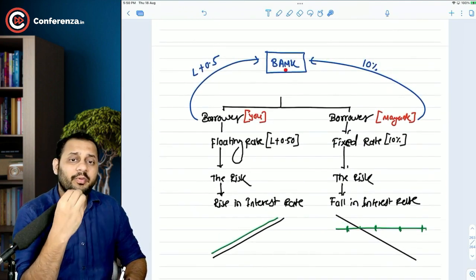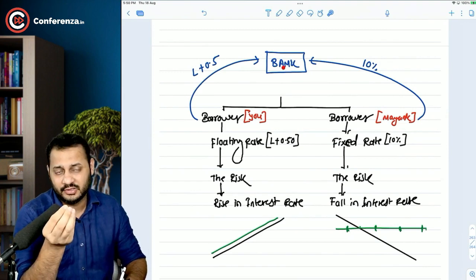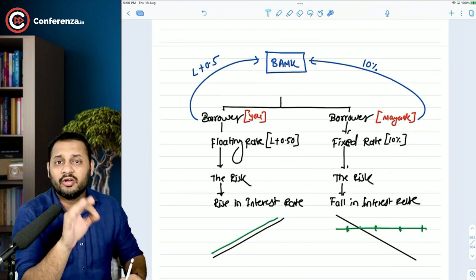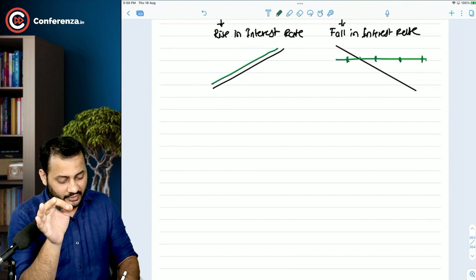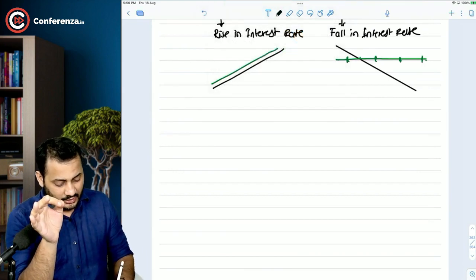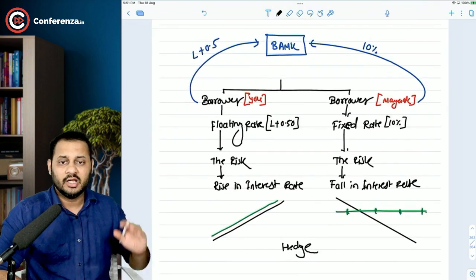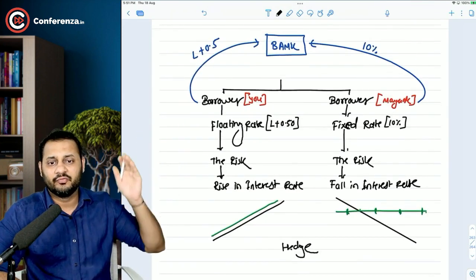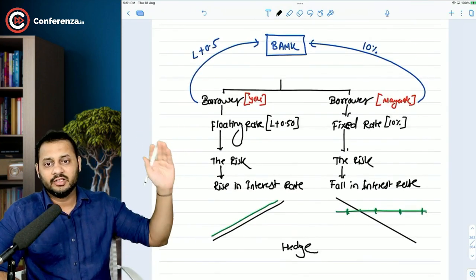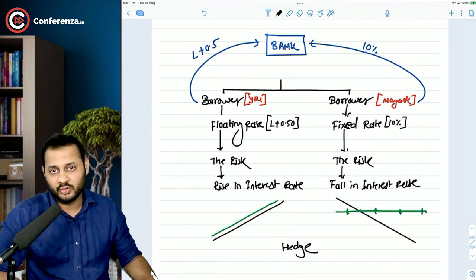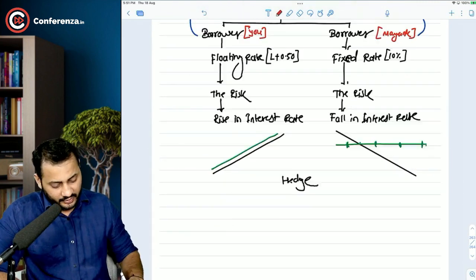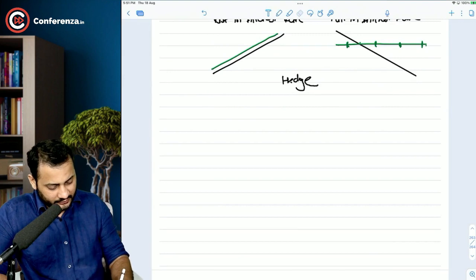They don't want to pay a higher amount of interest. So both of them are looking for hedging. Now, can we help them? Yes, sir. How can we hedge both of them? It's very simple, sir. Convert the floating rate borrower to a fixed rate borrower. Let's say, for example, how to hedge, I will just write it down.